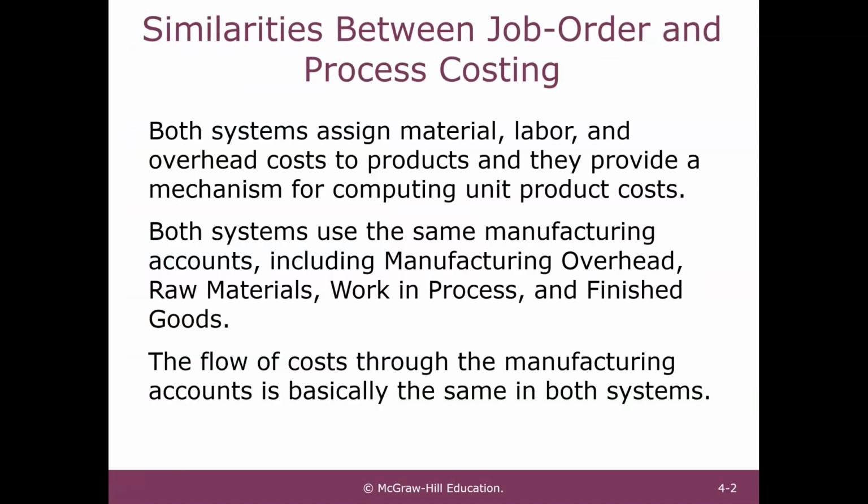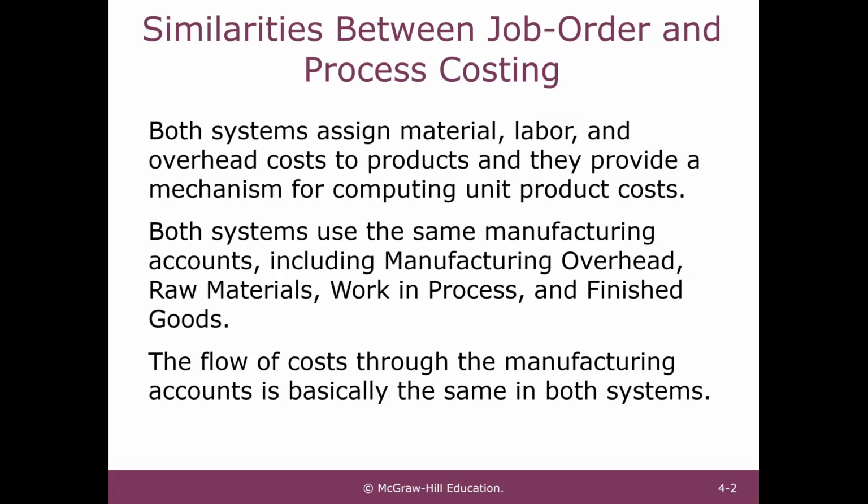Both systems, meaning job order and process costing, assign direct material, direct labor, and overhead costs the same way. They both have the same inventory accounts, such as raw materials, work in process inventory, and manufacturing overhead.